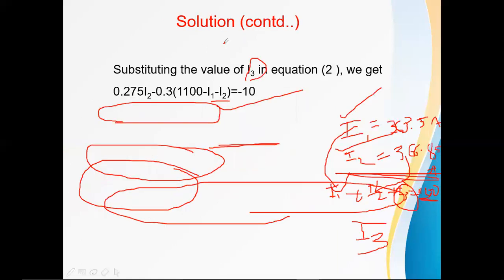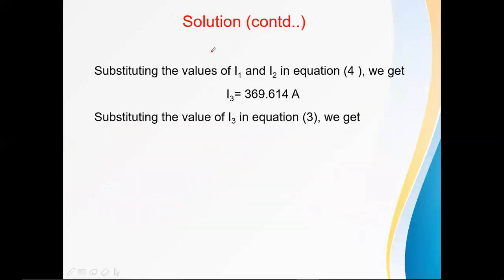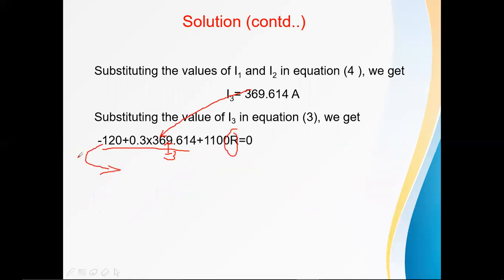Let's see how that is going to happen. After substituting I3, like this value, this is I3, right? Then all the values are known and only one value is unknown. If you do some algebra, then you will get the unknown value, that is R. I'm not going to write all the steps.